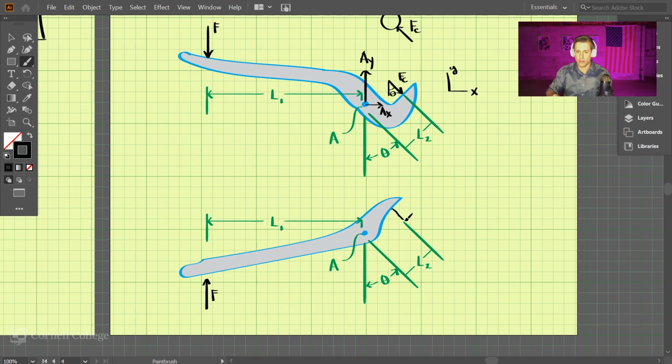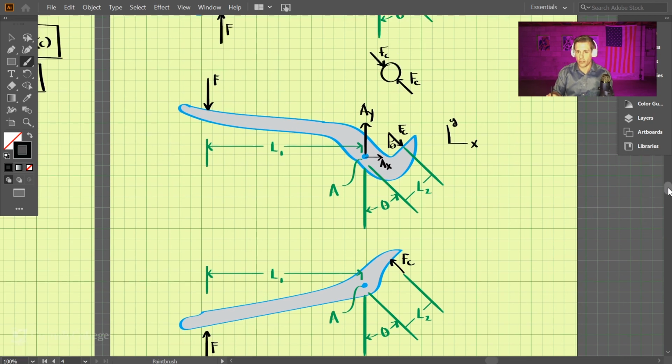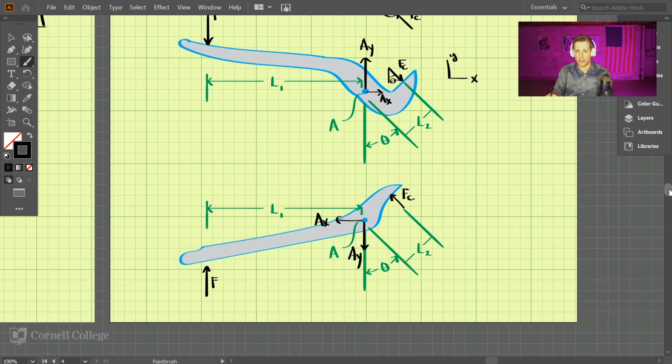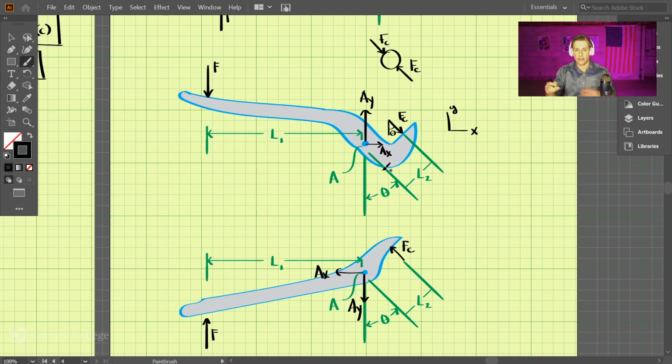So FC has to be pointed this direction to make sure it cancels out this one up here, and then AY, since AY is pointed upwards on this diagram, it must be pointed downwards here. So downward there. And then AX must be pointed to the left. So by using this method, if we were to add everything up again and assemble everything together, all of these would cancel out.